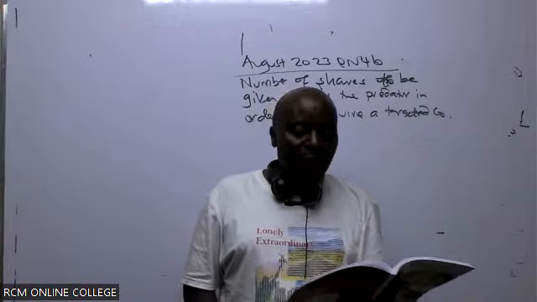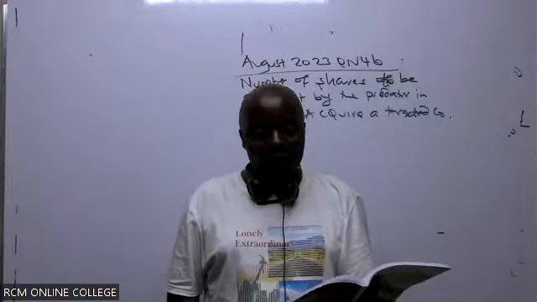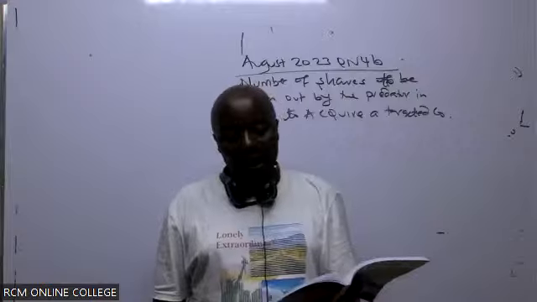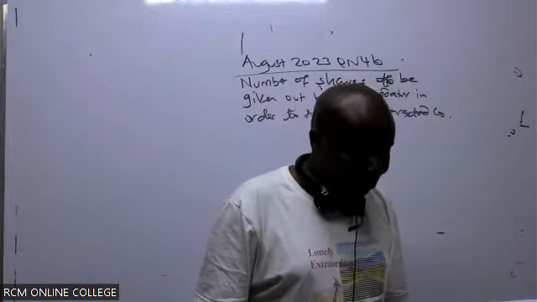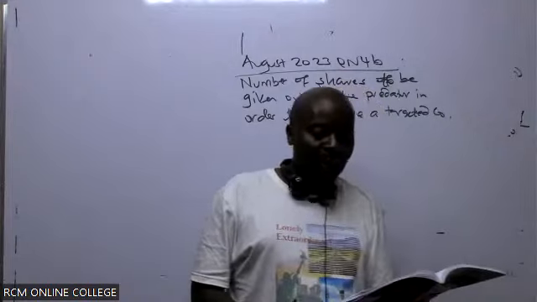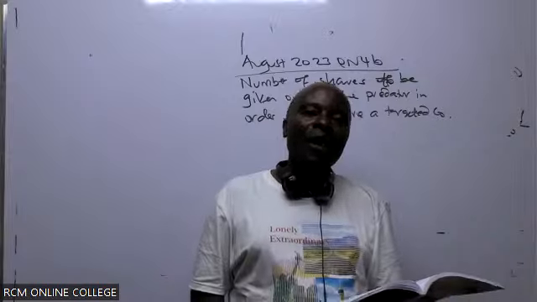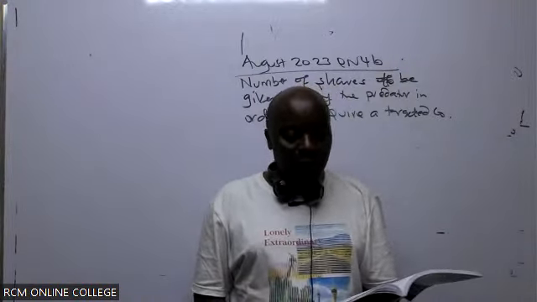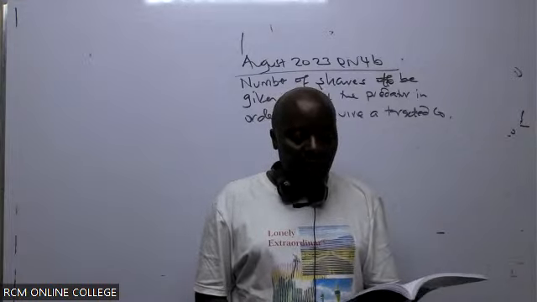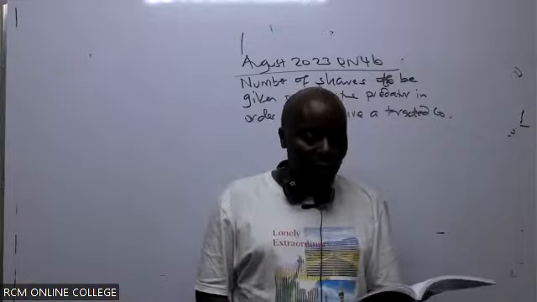ACO Limited is proposing to acquire Bero Limited by means of an issue of its own ordinary shares in exchange for the ordinary shares of Bero Limited. The management of the two companies have availed the following information to assist in the takeover. We have maintainable annual profits after tax, current market price per ordinary share, and current earnings per share given there very well.